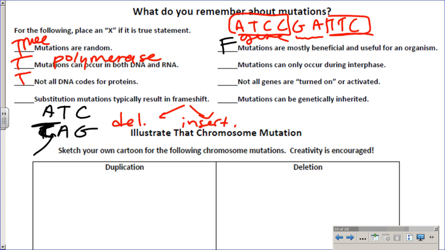All right, mutations can only occur during interphase. What are the parts of interphase? As a quick review, G1, S, and G2. Which of these have we been focusing on? S, which is synthesis, which is DNA replication. So mutations can only occur during that. True or false? False.